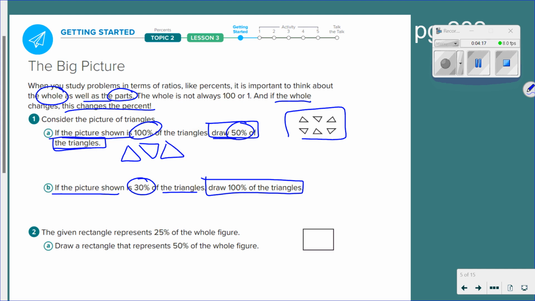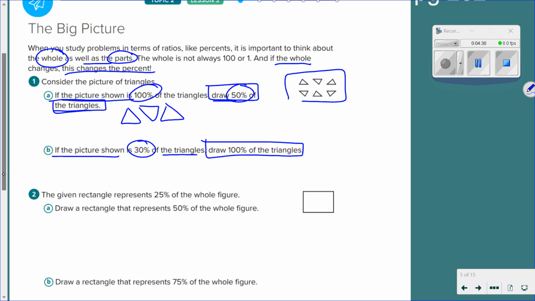Now, this one changes it around. It says, now your picture, this is only 30% of everything. So now I need to draw all the rest of it. I need to get it to 100%. So when I looked at it, I said, well, okay, if this is 30%, that means each 2 is 10%, correct? So for my whole picture, I would need to end up drawing 20 triangles.